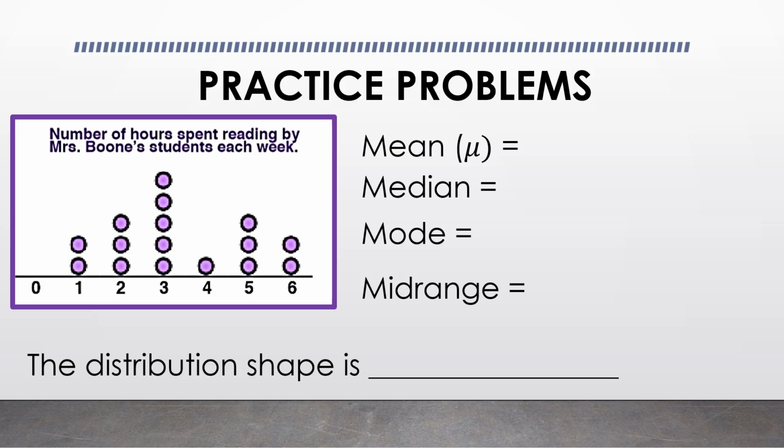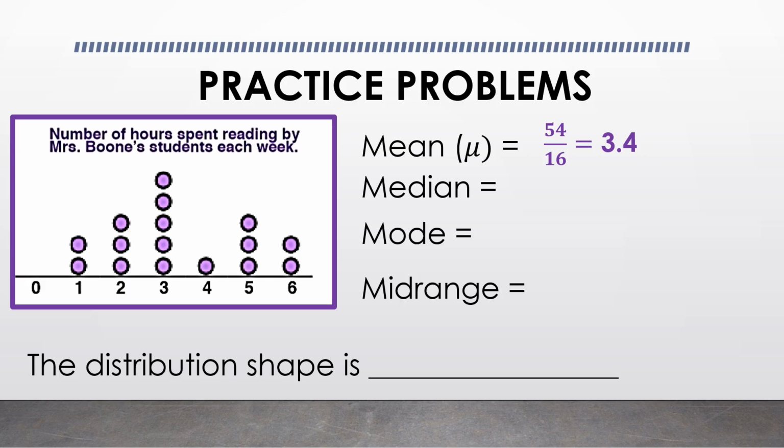The mean is the average of those, so we add up all those data values and divide by the total number of values. There's 16 dots in that chart, and all those values total 54, so the average, or mean, is 3.4.